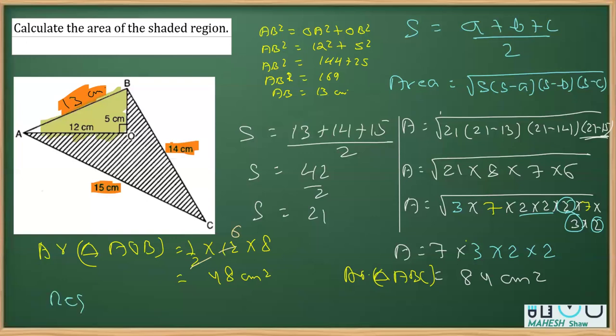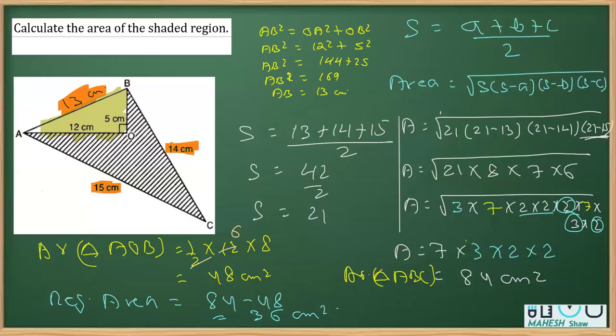So the area of the shaded region clearly will be 84 minus 48, because from the given area we have to subtract the area of the triangle AOB. So we subtract 48 from 84, and that will give us 36. So 36 centimeter square is the area of this shaded region.